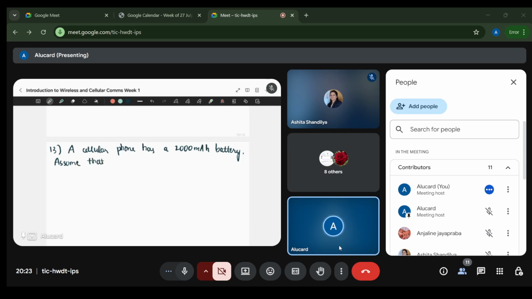Assume that the phone draws 50 milliamperes in idle mode and 200 milliamperes during a call.